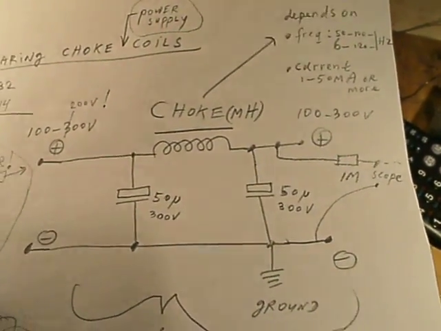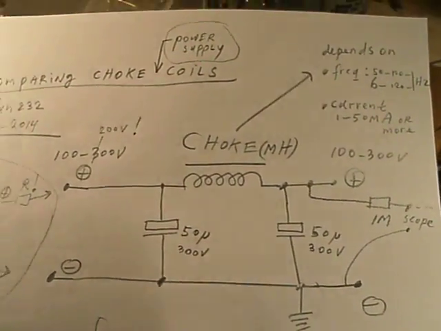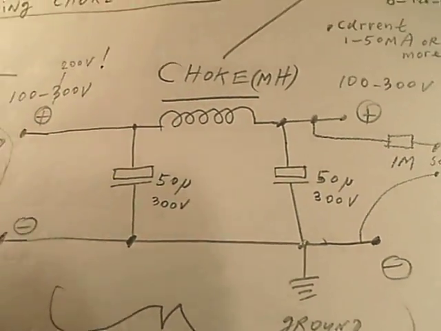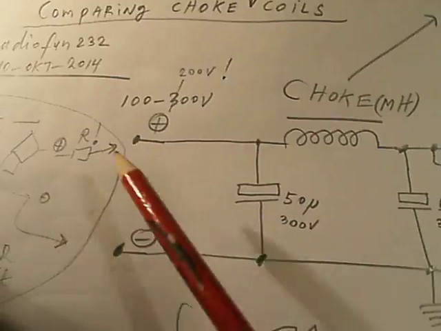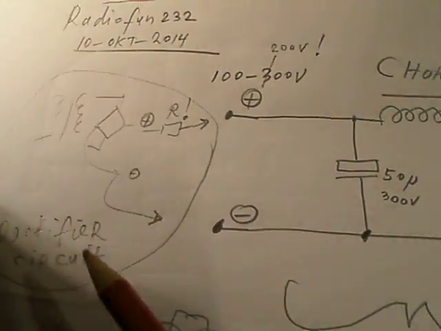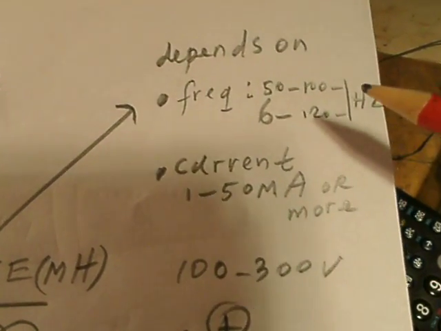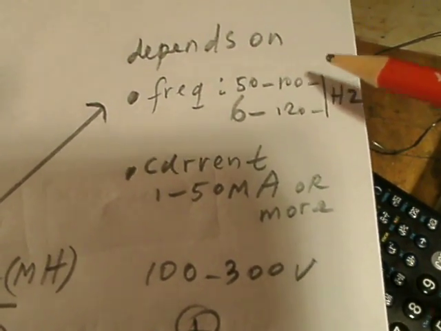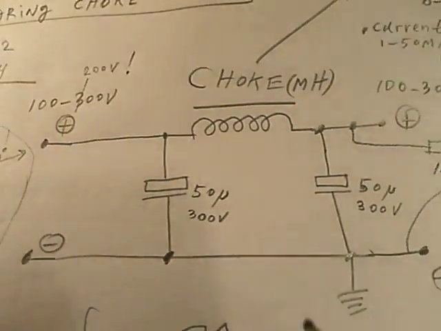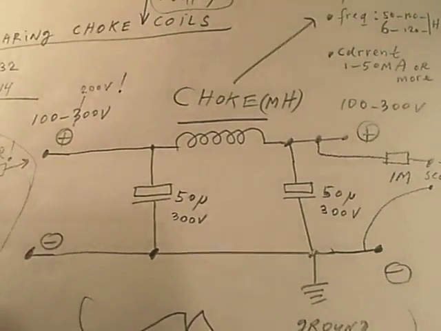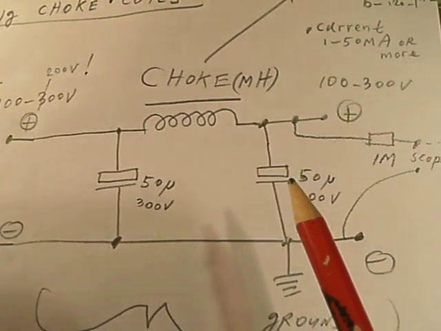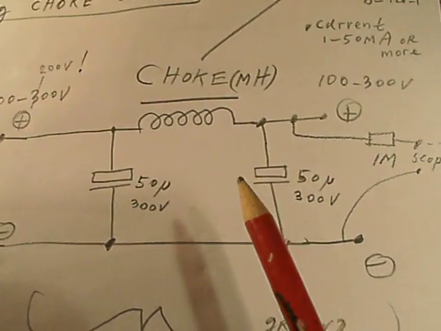And the choke coil has specific properties. It has to damp out all the oscillations here that come from the main supply, and it can be 50 Hz in Europe and the Netherlands or 60 Hz, and often the current that is used for tube circuits is between 3 milliampere and 50 milliampere or even more.